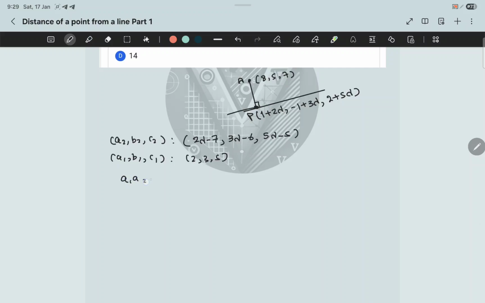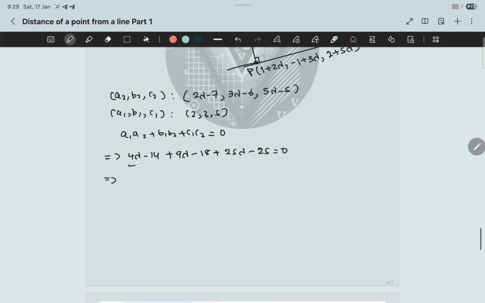So the condition is a1 a2 plus b1 b2 plus c1 c2 equals to 0. From that we get 2 into 2 lambda is 4 lambda minus 14 plus 3 into 3 lambda is 9 lambda minus 18. 5 into 5 lambda is 25 lambda minus 25, that is equal to 0.